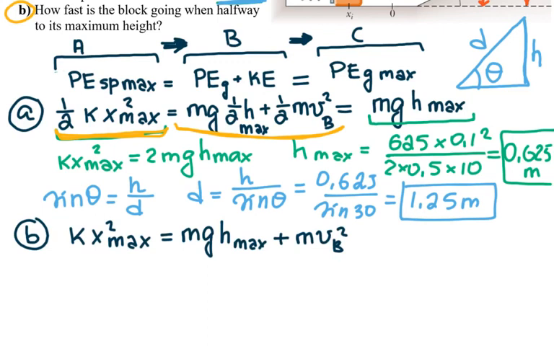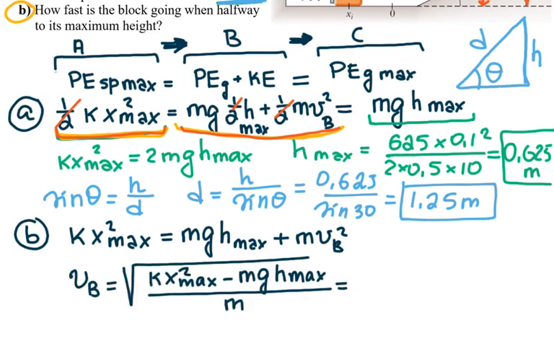If I multiply both sides by 2, the 1/2s are going to be cancelled. And I have to solve it for the velocity at point B. And so I get 2.5 meters per second.